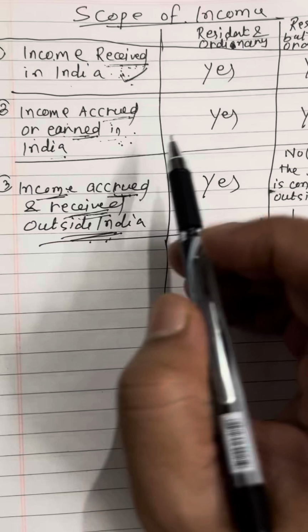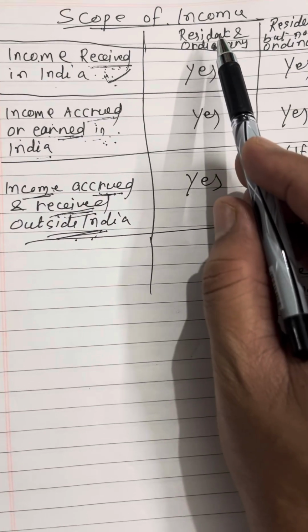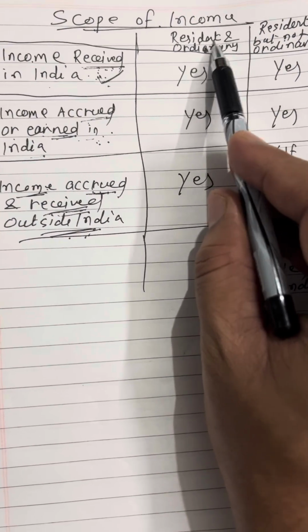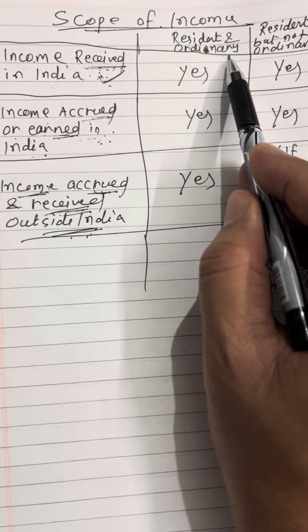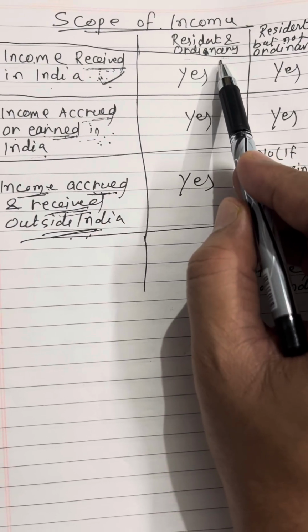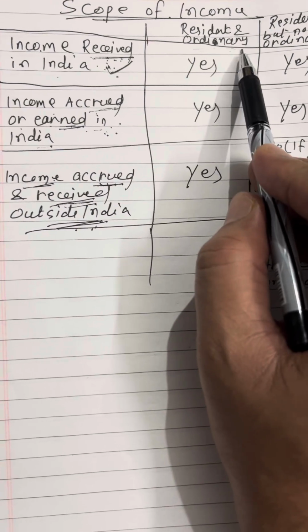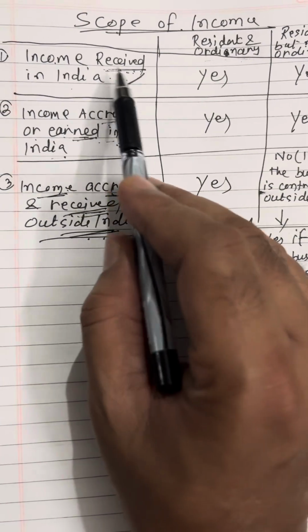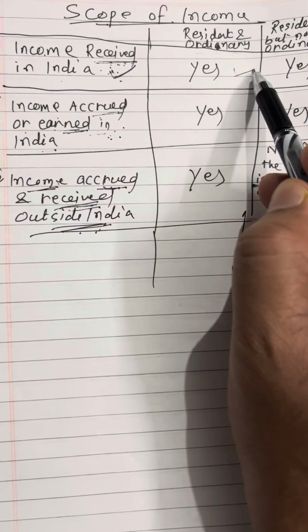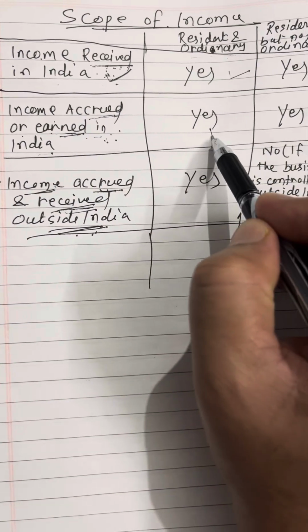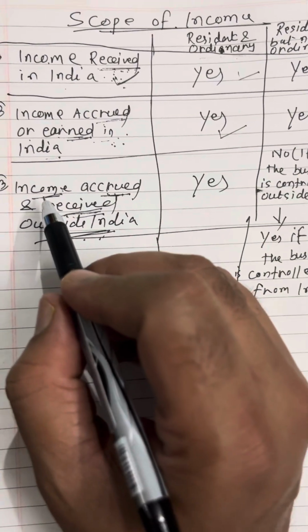No problem. So now if you are an individual and you are a resident and ordinary resident, if your residential status is confirmed, income received in India is taxable in India. Income accrued in India is taxable in India.